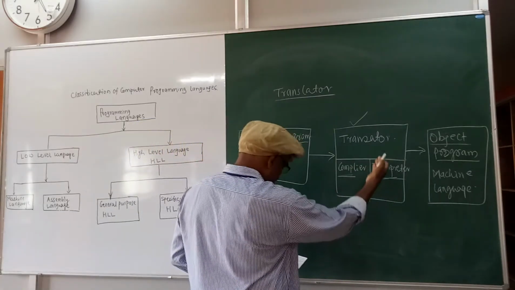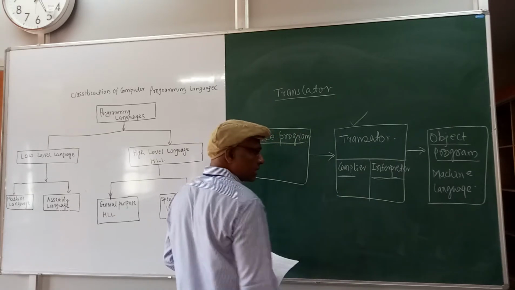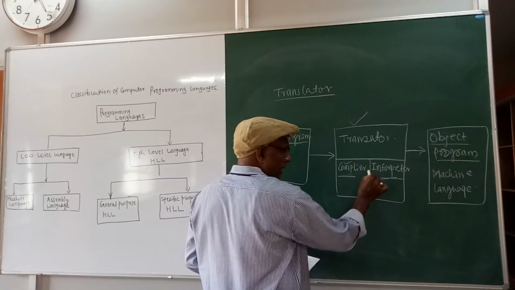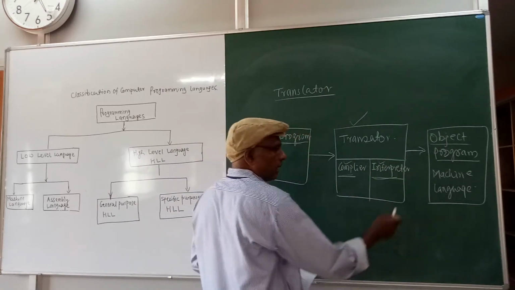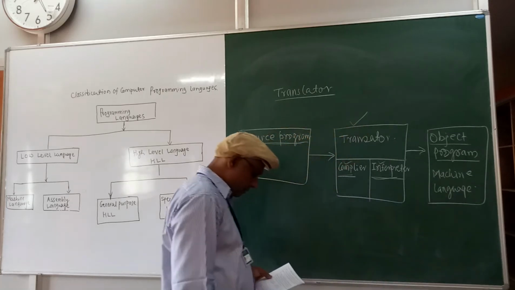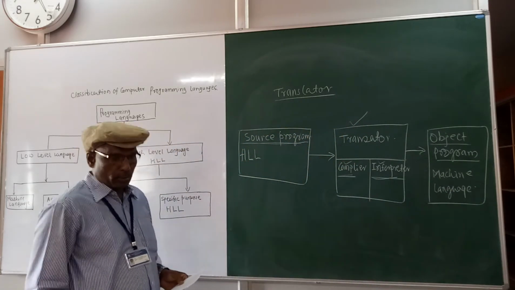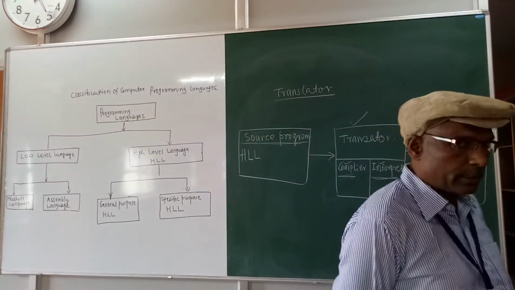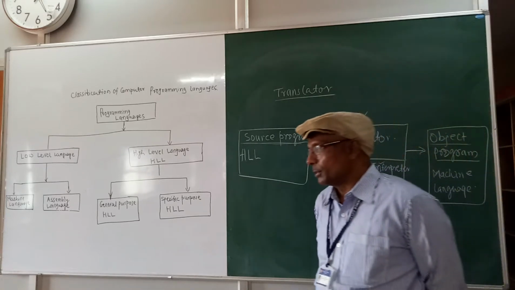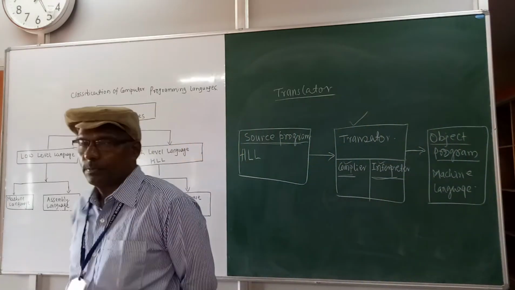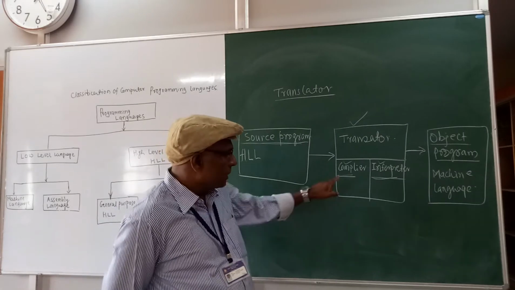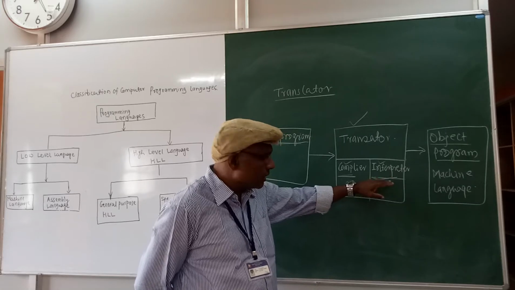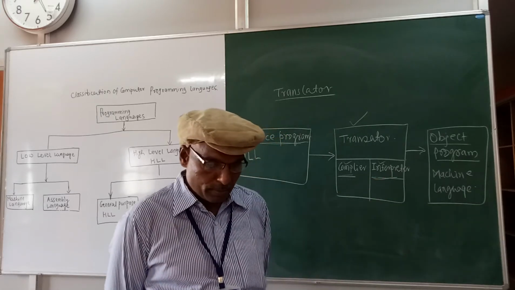The corresponding program after translator is either called a compiler or interpreter, and the end program is called the object program. Well, in C language we are doing practicals here. Computer science students know it very well. We are using a compiler, and the interpreter was used earlier in the BASIC language.